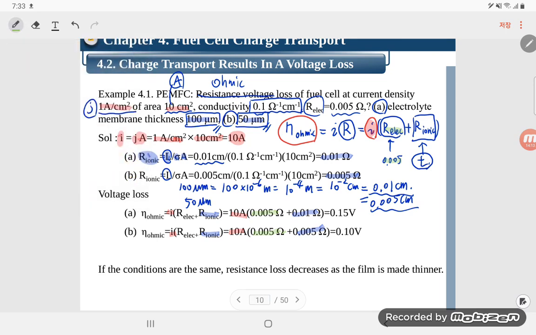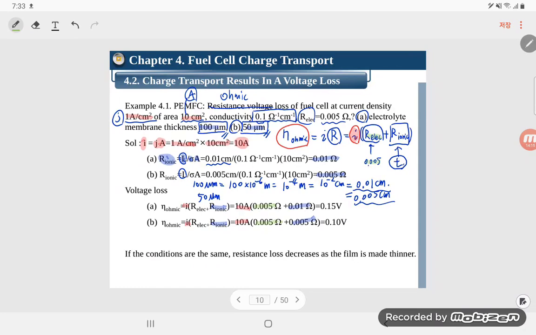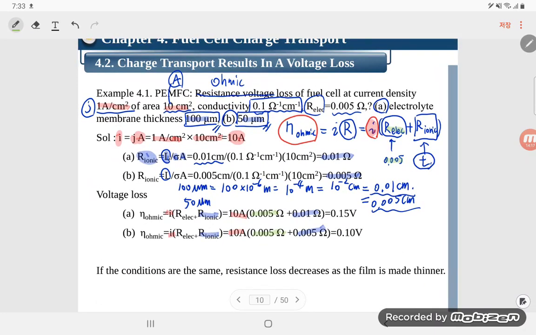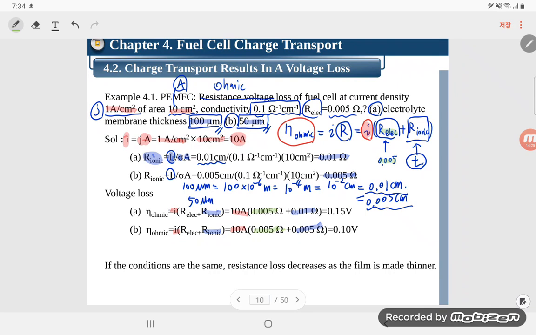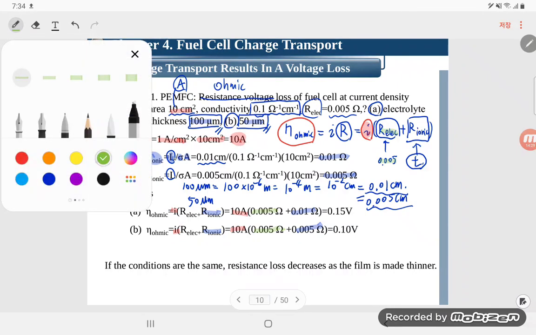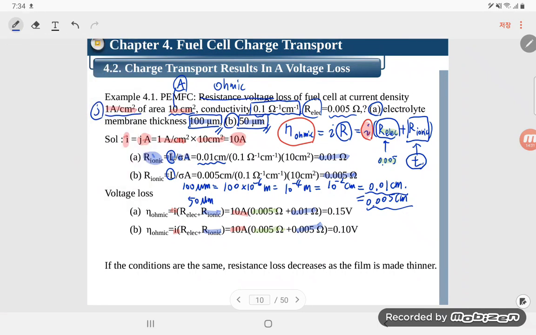So this indicates that as the membrane gets thinner, the ohmic loss gets reduced. So if the conditions are the same, the ohmic loss decreases as the membrane is made thinner.